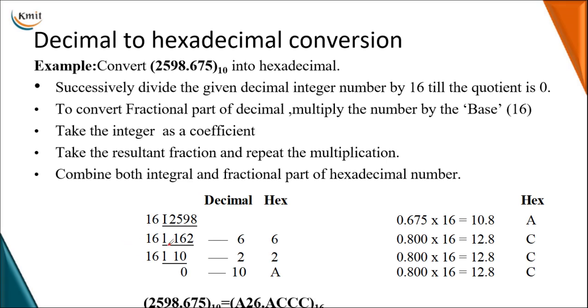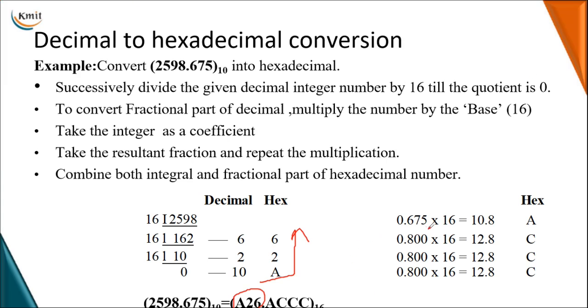After the second division, 16 tens are 160, so 162 minus 160, the remainder becomes 2. 16 zeros are 0, so 10 minus 0 is 10. The equivalent of 10 in hexadecimal is designated with the letter A. Writing all the remainders from bottom to top gives the integer conversion: A26 is the conversion of 2598 into hexadecimal.